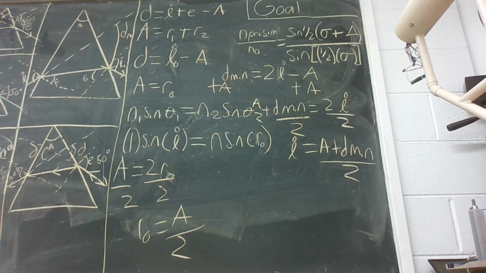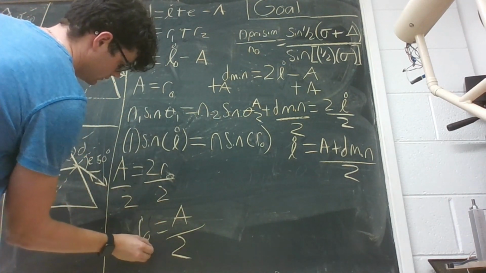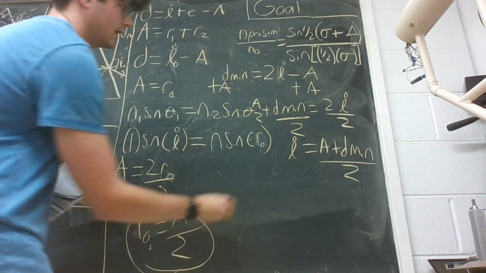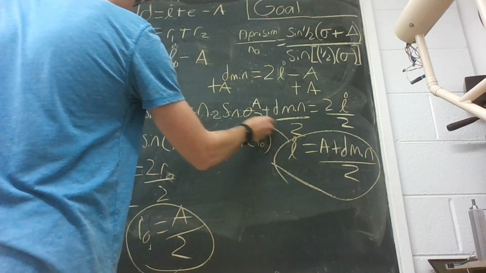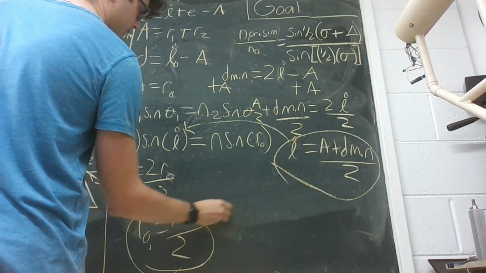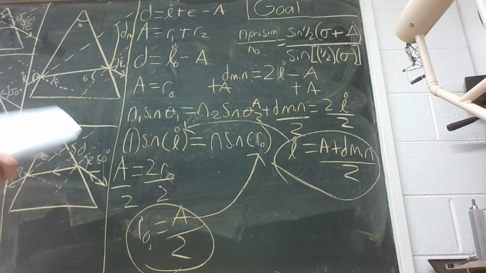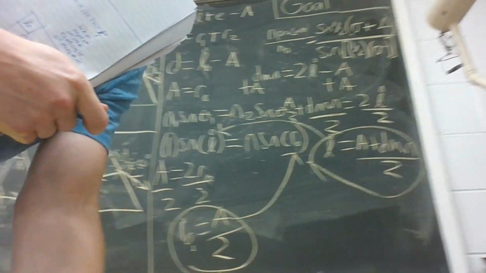So now we can plug R naught and I naught into our Snell's law equation. I'm going to write that over here.